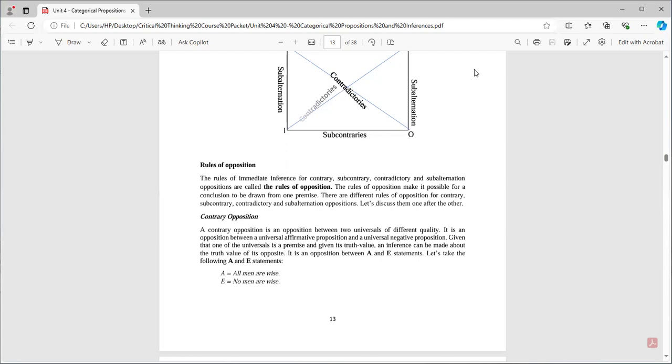The entire universal set, they are saying all men are wise, and they say, oh, that is not true. It's false. If it's false, of course, it can make this one true, but it can also make our conclusion false. If your premise is false, the conclusion can be true, it can be false.